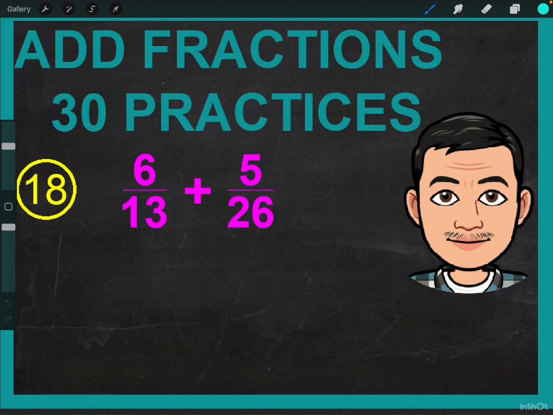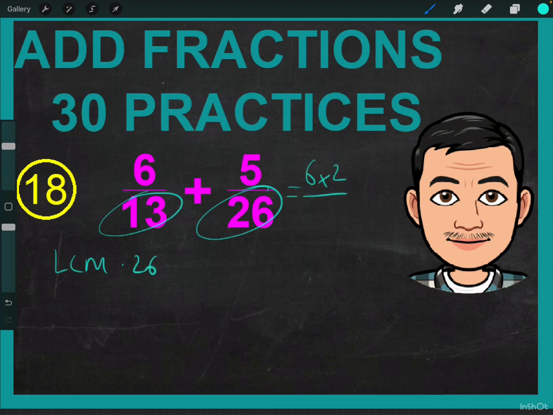Practice number 18. We have two fractions with different denominators, 13 and 26. And we can see that 26 is double of 13. So the LCM of 13 and 26 is 26. For the first fraction, we times 2 to both the numerator and the denominator. For the second fraction, we just keep it the same.